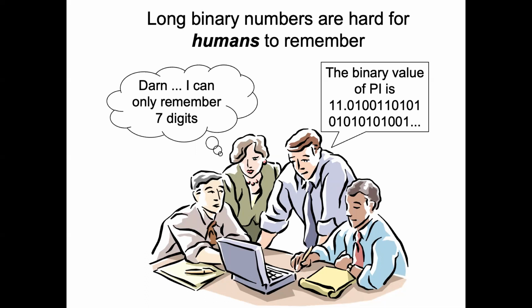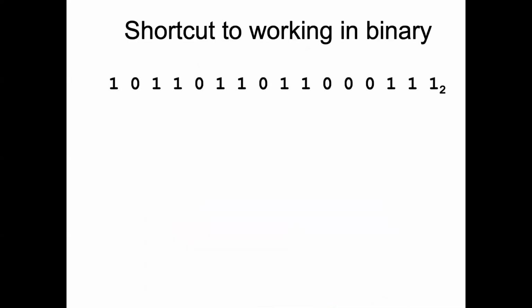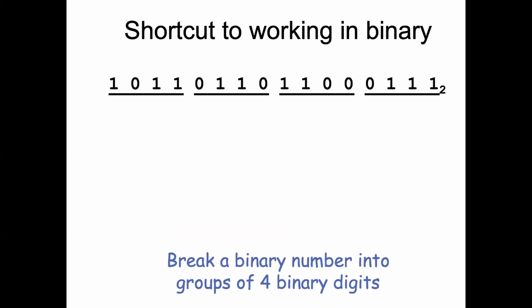Which is why, and we said this in the C and software tools class already, for binary numbers we often represent them in base 16 as hexadecimal numbers instead. Like we said in that class, think of hexadecimal as a shorthand way of representing binary numbers, where instead of representing them 1 bit at a time, as a string of zeros and ones, we're going to represent them 4 bits at a time.